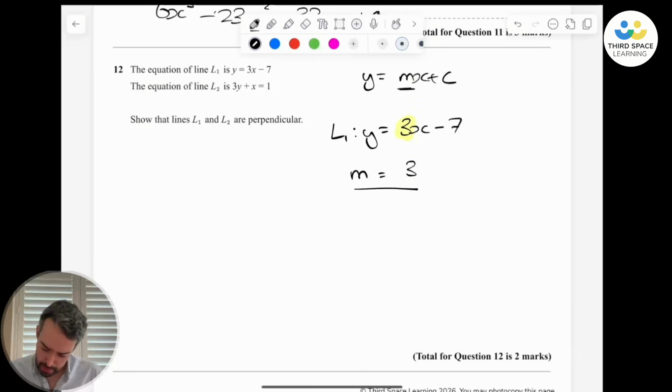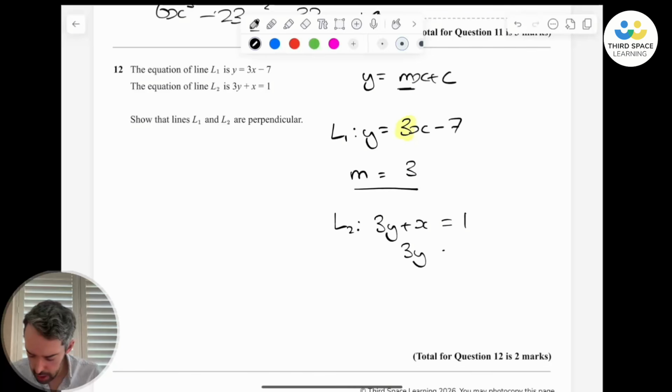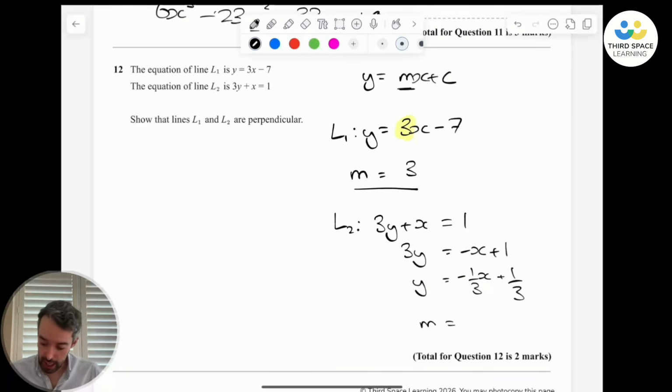Let's look at L2. So L2 is 3y plus x equals 1. So let's rearrange this to make y the subject. So let's subtract x from both sides. We get 3y equals negative x plus 1. And then I'm going to divide everything by 3. So y equals negative 1/3 of x plus 1/3. So that means the gradient here is the coefficient of x, that's negative 1/3, which is that one there.